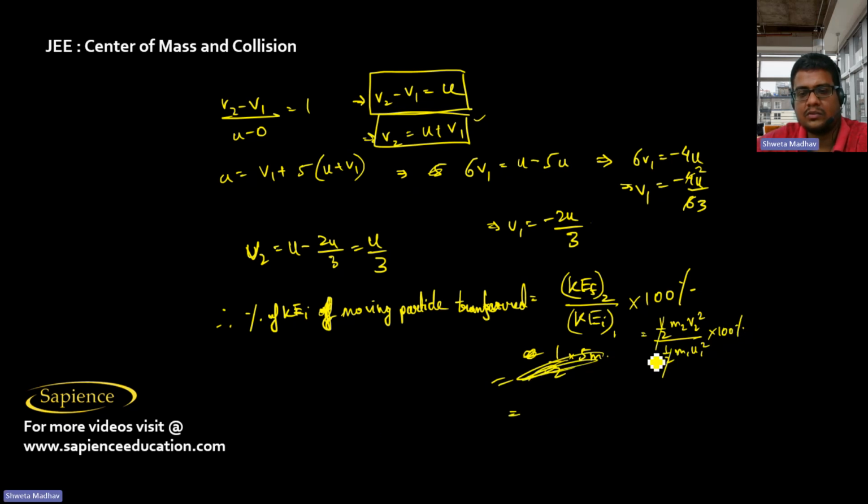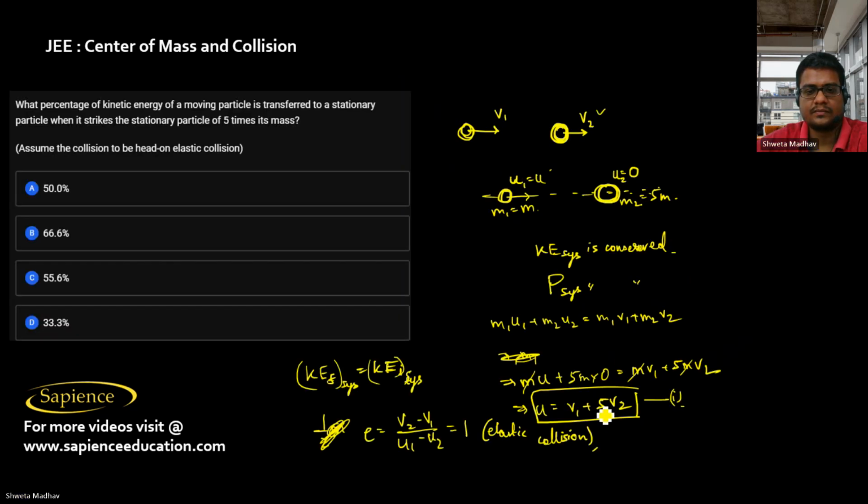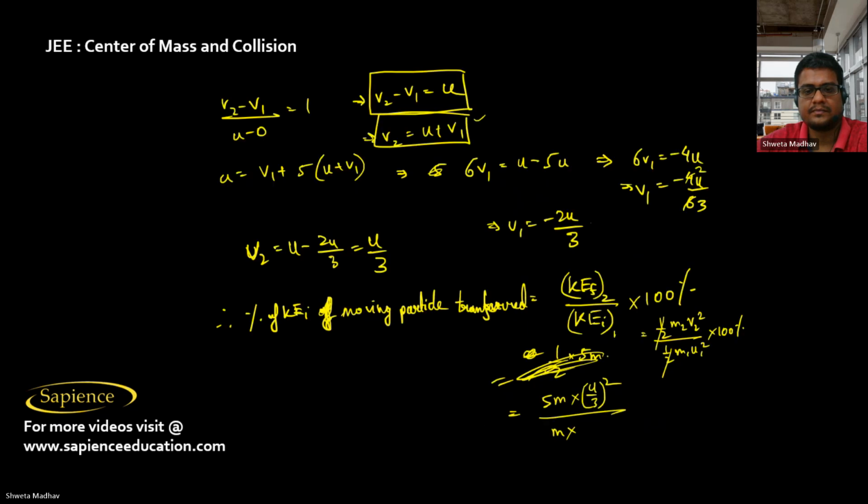Then m2, that is 5m, into v2, that is (u by 3) whole square, divided by m1, that is m, into u1, that is u square, into 100%. So mu square will cancel. So 5 by 9 into 100%, that is 500 by 9%.